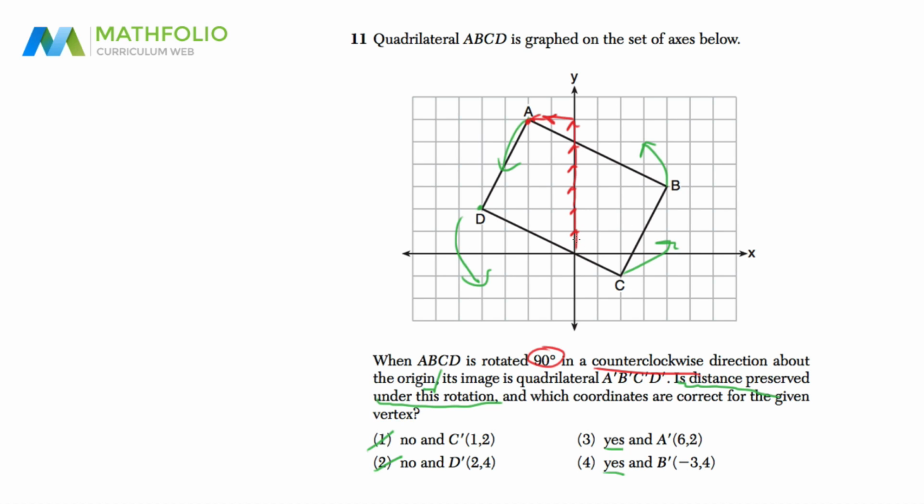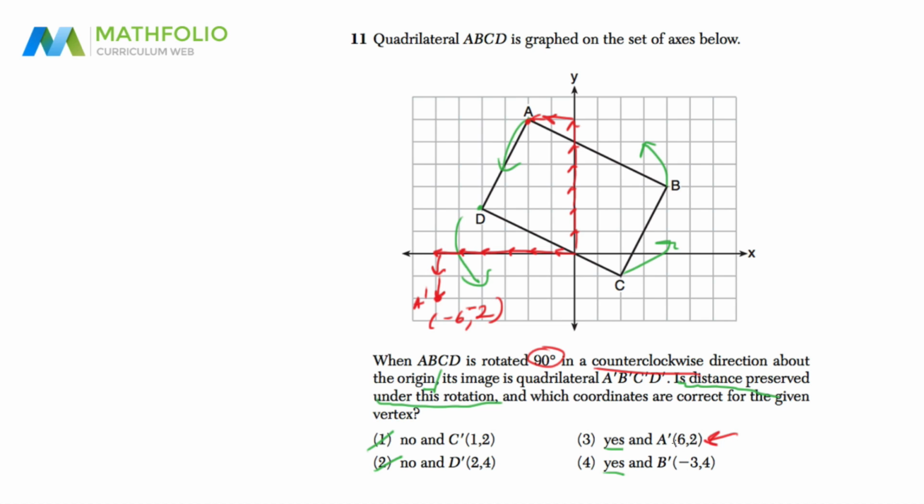We're going to go the same number. So this was 6. So now we're going to go 6. 1, 2, 3, 4, 5, 6. And then instead of 2 to the right, we're now going to go 2 down. So A comes here, A prime, which is -6, -2.